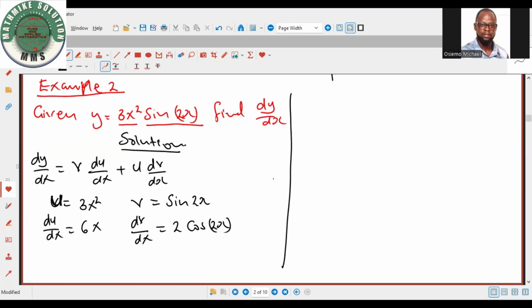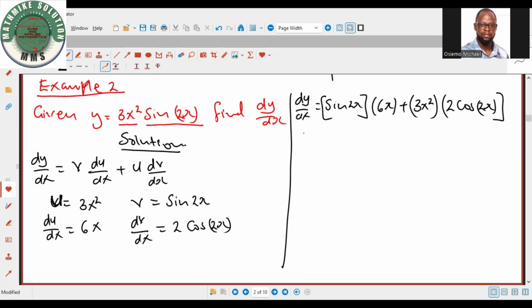So next is to do what? To substitute into our formula. So dy dx is equal to, our v is sine 2x, then our du dx is 6x, plus our u is 3x squared, then our dv dx is 2 cos 2x.